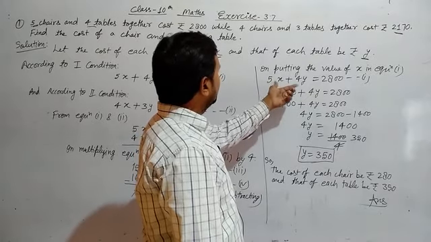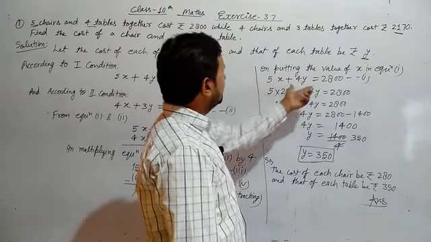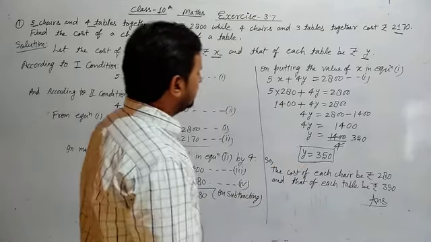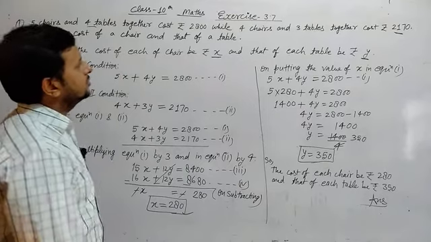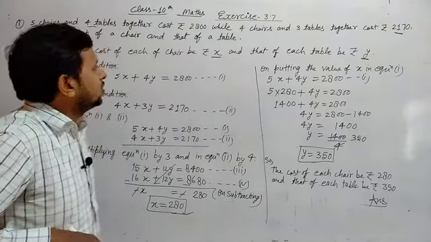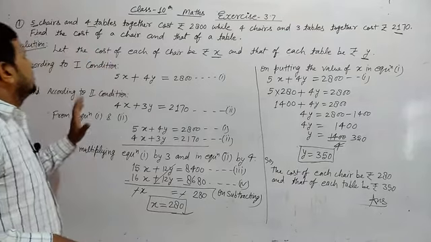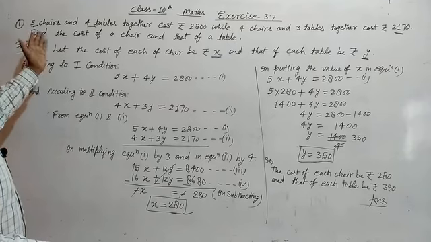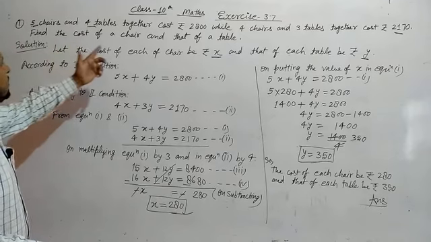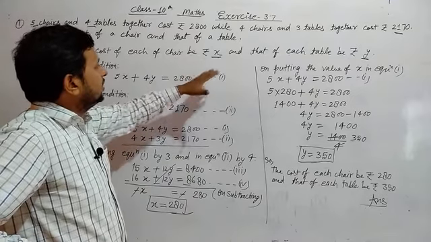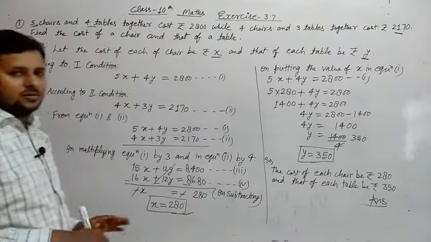I have put the value of x in equation first, and we get y equal to 350. In this way, we can solve this question. You can solve many questions regarding this method. First of all you have to get the value of each chair and each table, after that you can solve it. It's right?